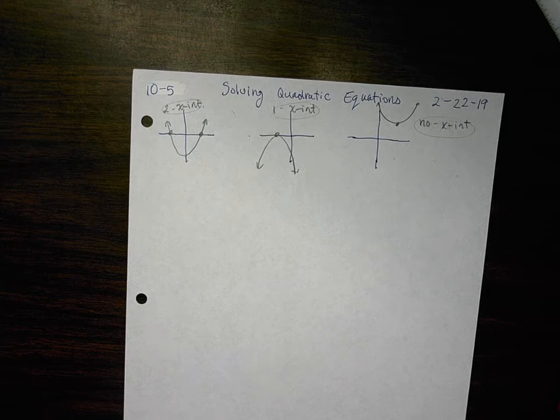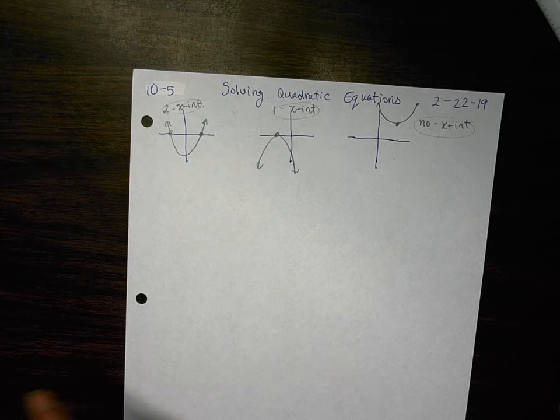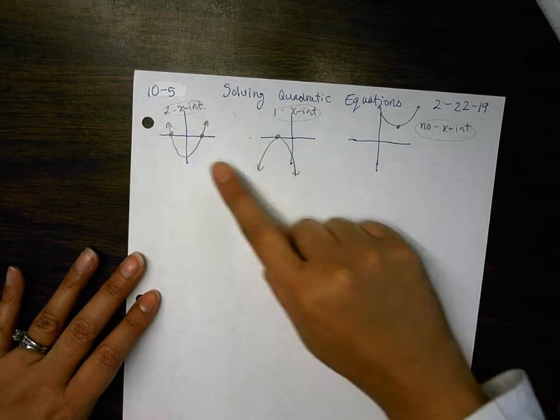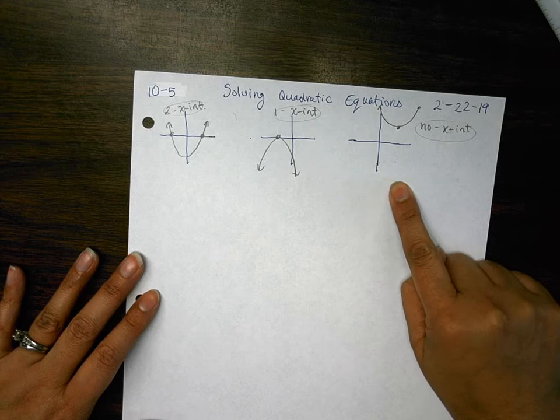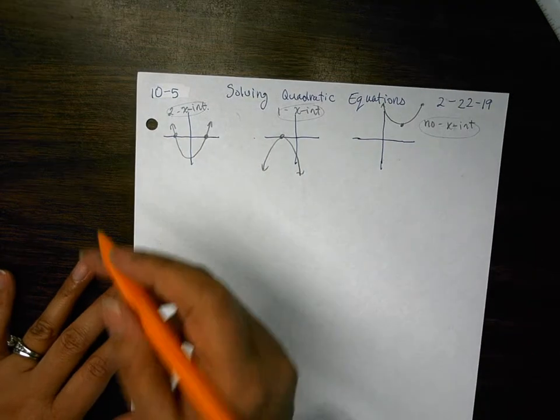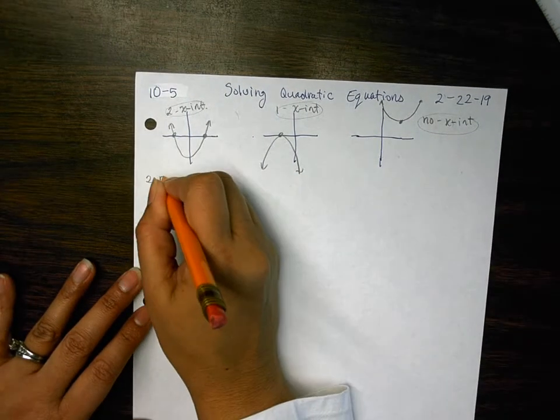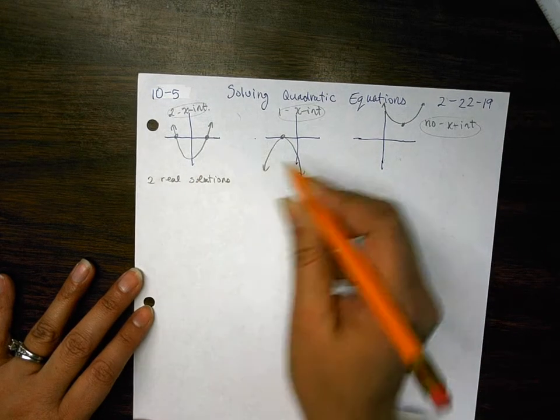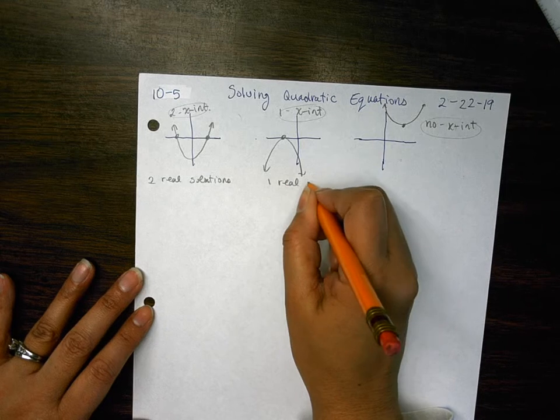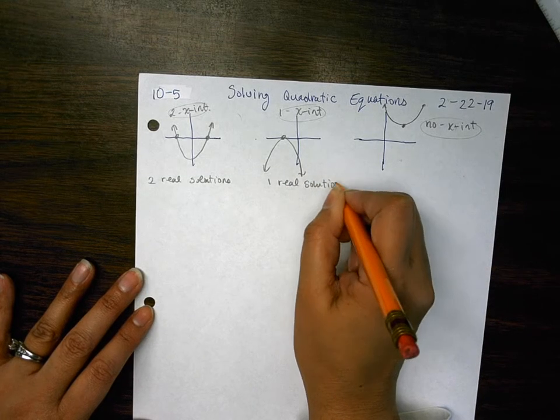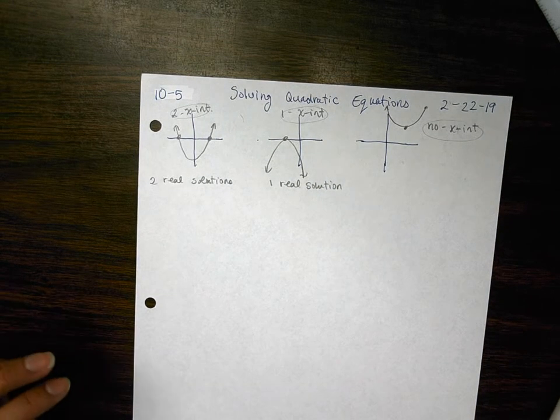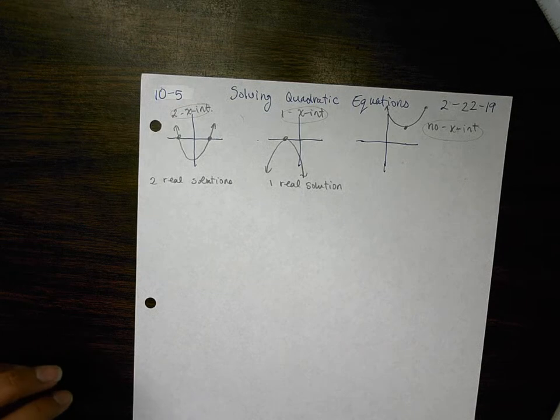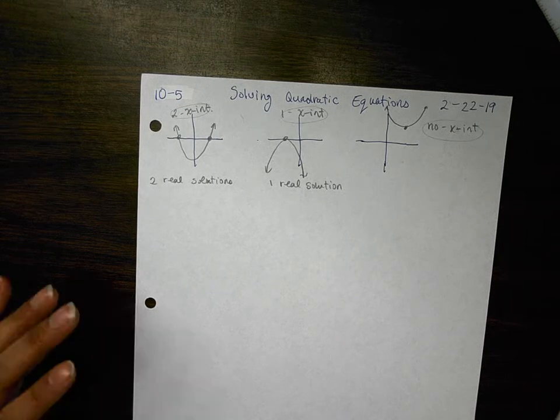I know we've talked a little bit about real numbers before. No? Okay. This means there's 2 real solutions, 1 real solution, no real solution. I'm going to write that down really quick. 2 real solutions, 1 real solution. Why would I have to use the word real? Is there such a thing as fake solutions? No, but there is such a thing as imaginary solutions.